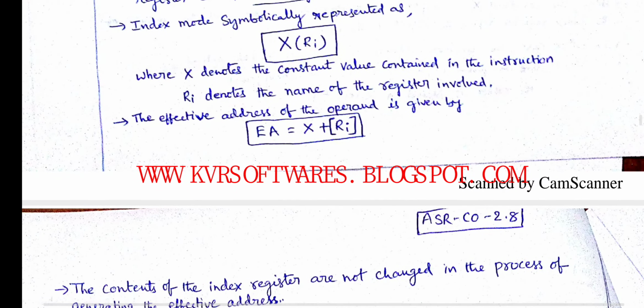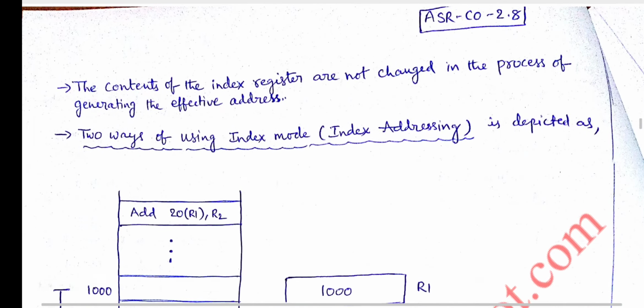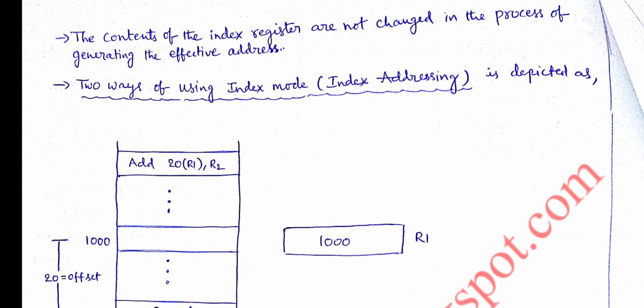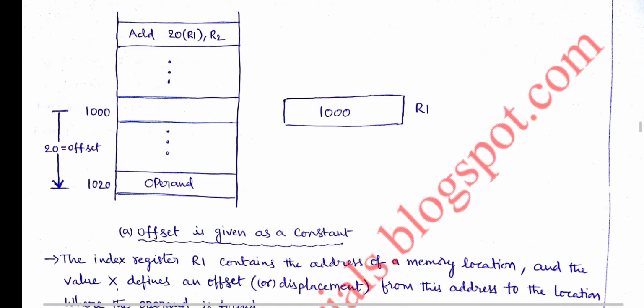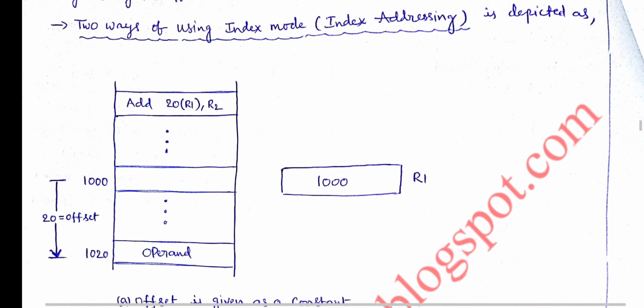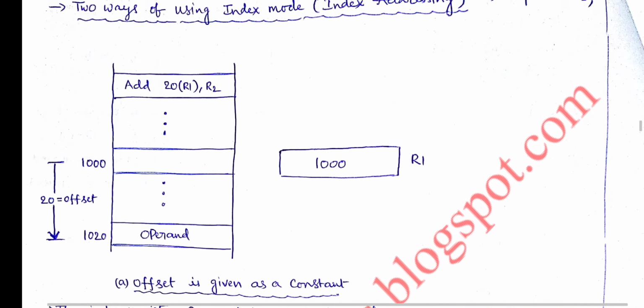That means while adding the constant value to the existing Ri, the contents of Ri don't change. That is the point they mention here. Next, two ways of using index mode. Index addressing can be represented like this.